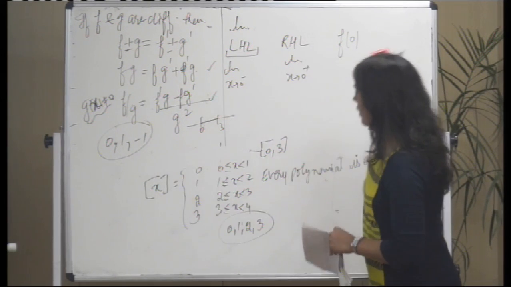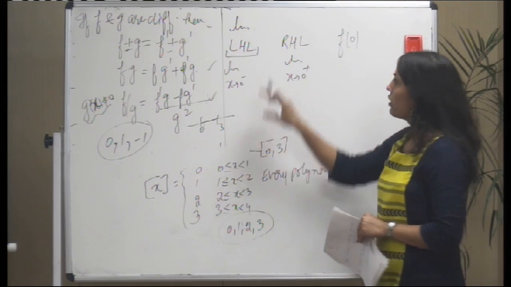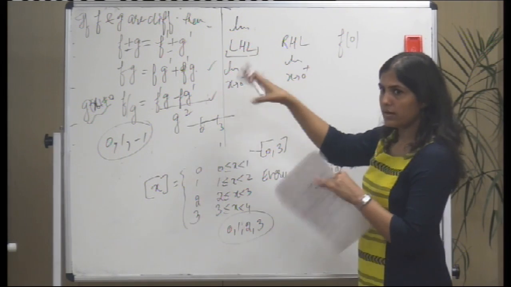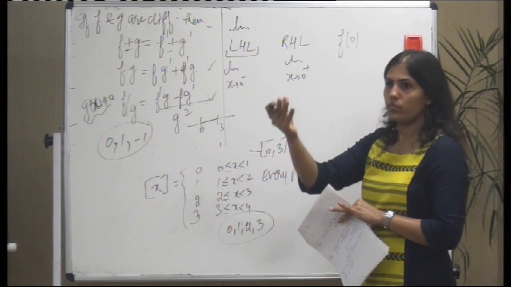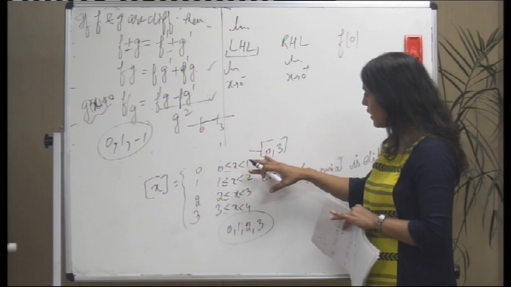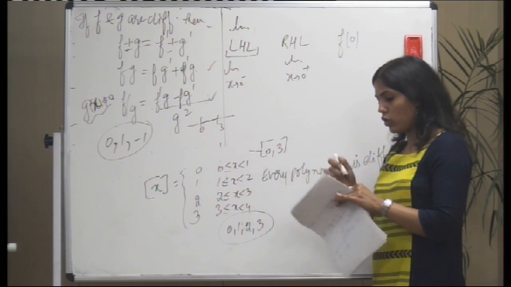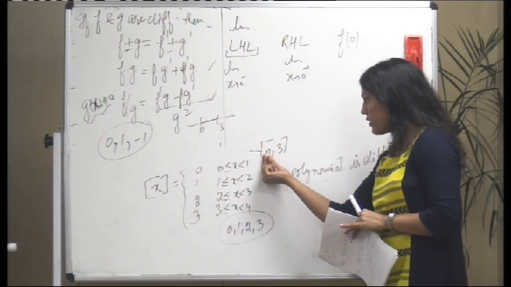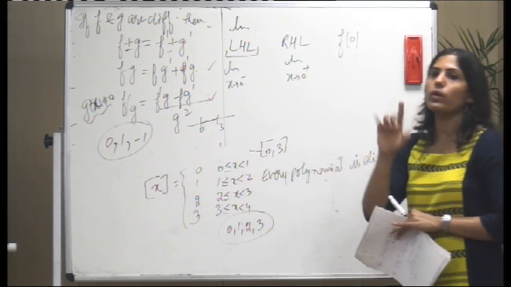Do you think that at 0 this function is discontinuous? It is wrong. The left limit doesn't exist and we don't want to see it, because in this interval we want to check. So if you are talking about an interval, it means the interval starts from 0 onwards. So the left limit you will not check.